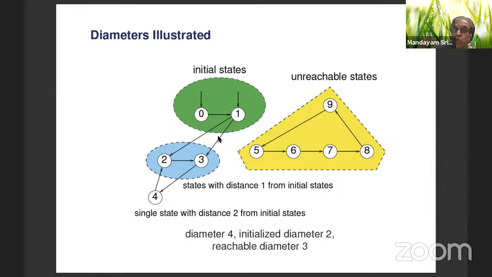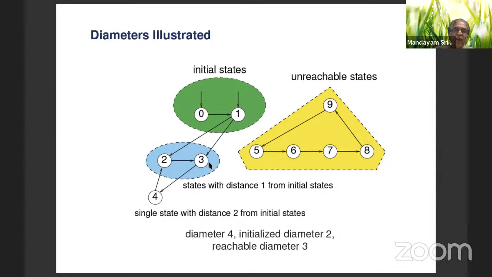Because when you do the satisfiability check of T S0 S1, or T S0 S1 S2, you will collect all these states in that one step. In one step, you will collect 2 and 3, because the shortest path is how many unwindings of T it takes to reach 2 and 3.